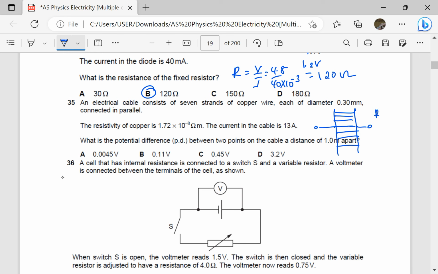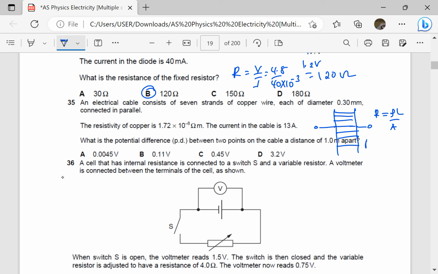So we know resistance is equal to rho L over cross-sectional area. They gave us the diameter. So I'll find the total resistance, because they're in parallel. I'll find the resistance of 1 first.